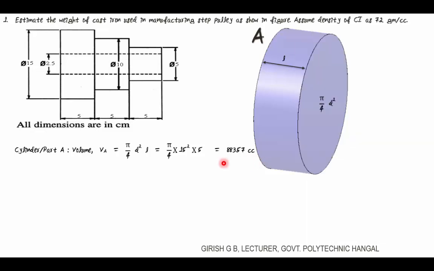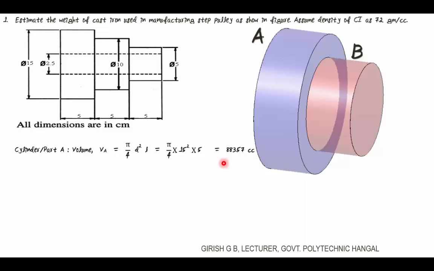Let's calculate the volume of part B, which is a cylindrical part. Its volume is VB. The same formula is used since it is also a cylindrical part. Substituting the values for part B, that is diameter as 10 centimeter and length as 5 centimeter.